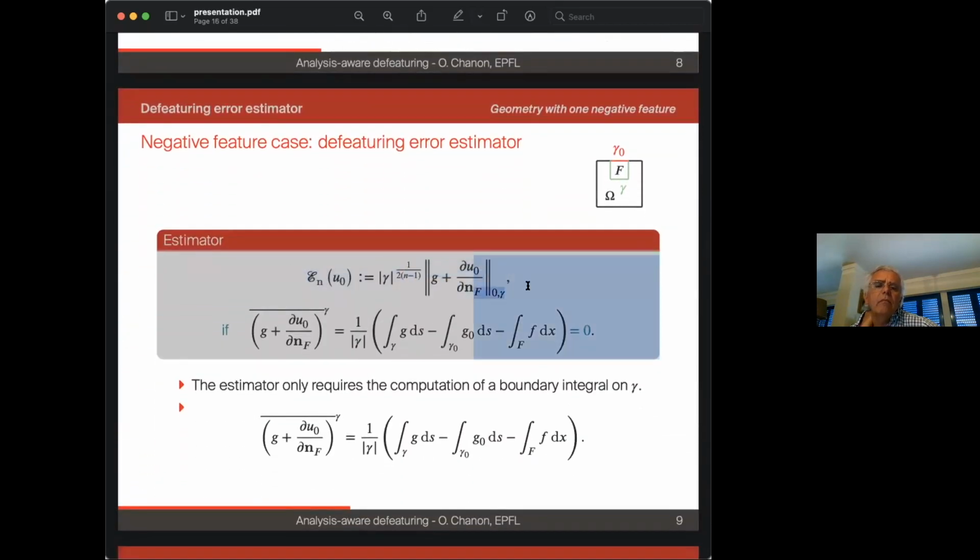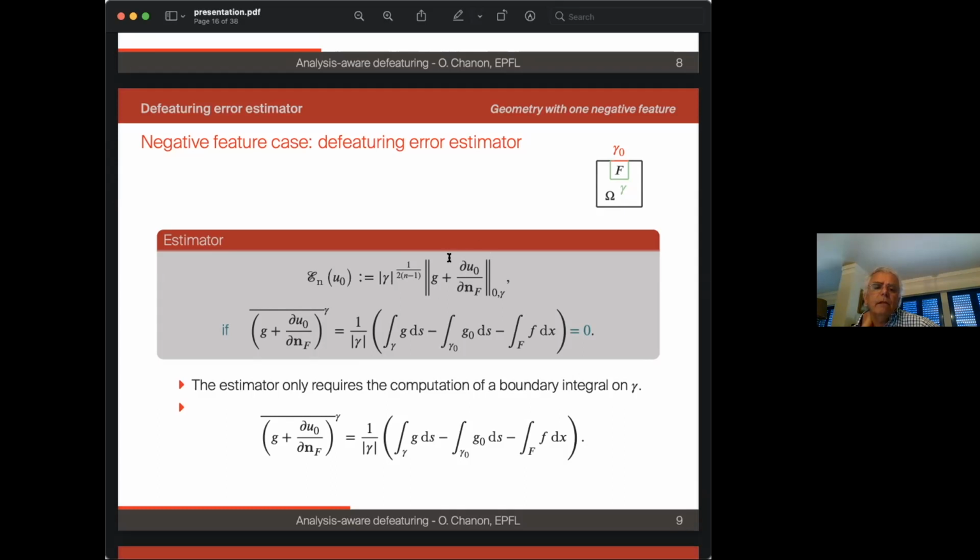So the estimator will be this one, which is just some weights that tell us the importance of the size of the feature. So it's basically a scaling that gives us the correct weights to give to the estimator for the size of the feature.